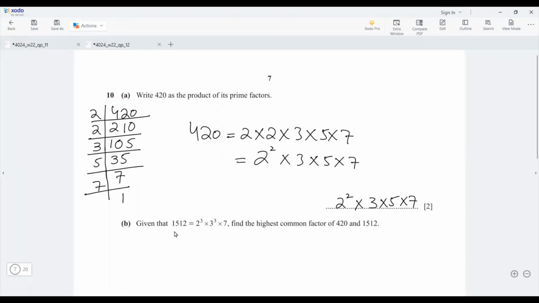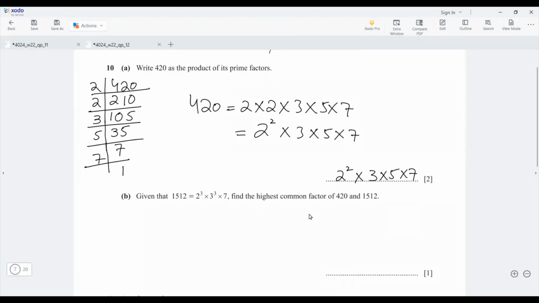In the next question, given that 1512 is written as 2 cube times 3 cube times 7, find the highest common factor of 420 and 1512. If we have the index notation, it will make our answer quite easier, and we can do it in just a few seconds.